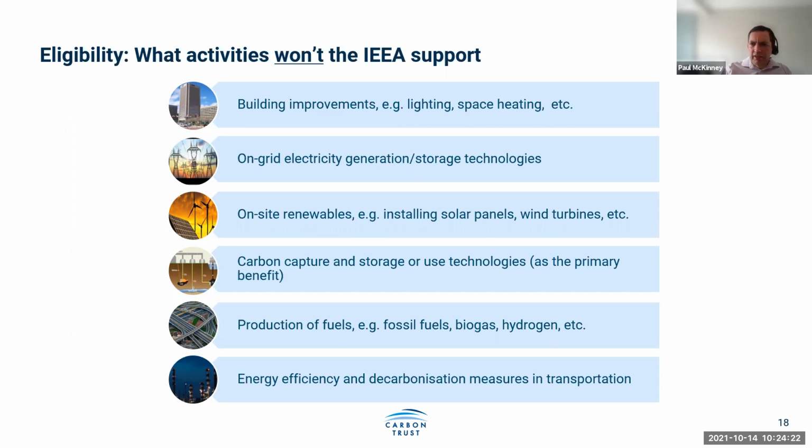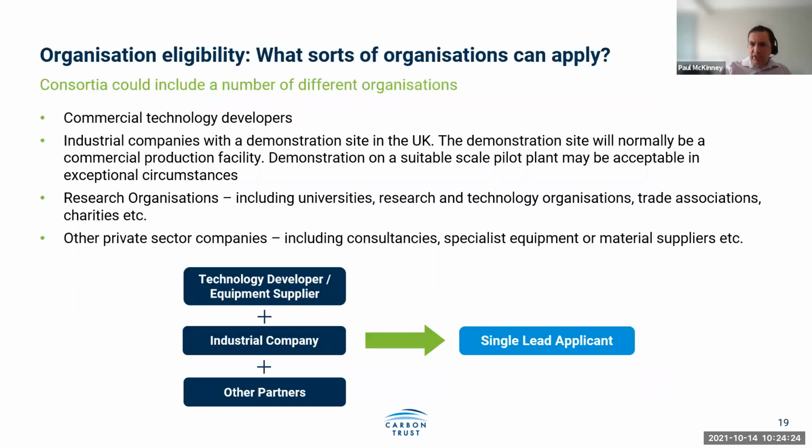So next slide. In terms of the organisations that can apply, typically we see partnerships of 2 to 4 organisations. Often they're led by the technology developer of the novel technology, but not always. There must be an industrial partner with a suitable demonstration site. There could just be the industrial partner, but normally there's a collaboration.